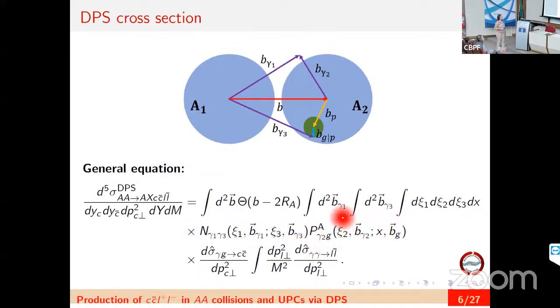And here the parton distribution of the photon and gluon coming from the target, also with such dependence. And here these variables can be changed to get differential in rapidity, in invariant mass. And here this half side function is to guarantee that it is an ultraperipheral collision. Of course, the partonic cross-section level here.